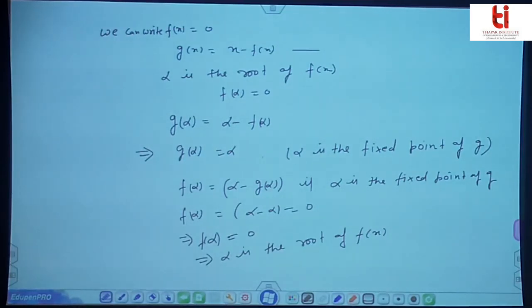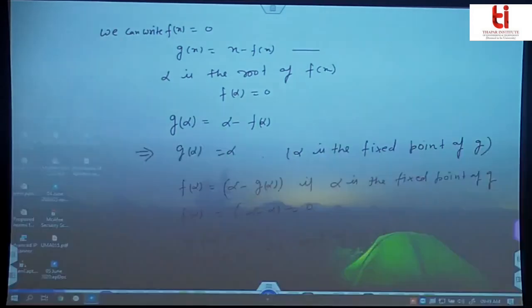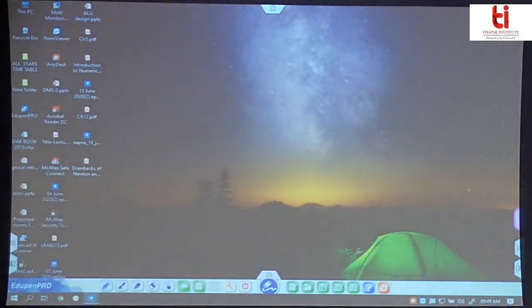In the next section we will discuss the g(x) function and the conditions required for the fixed point iteration. Thank you.